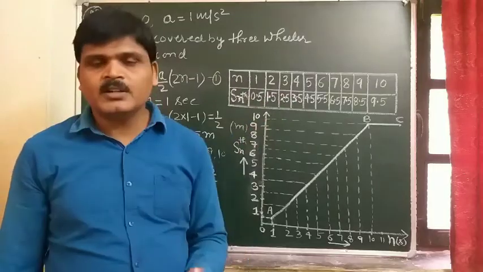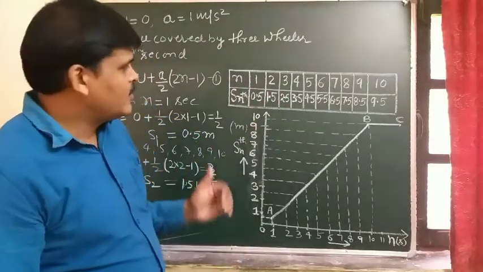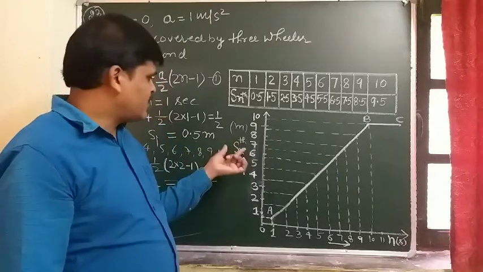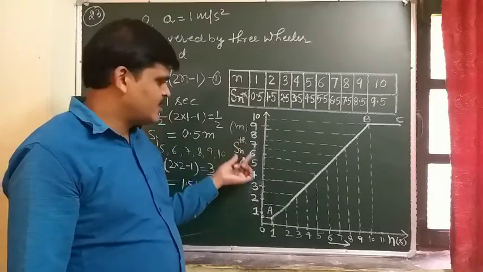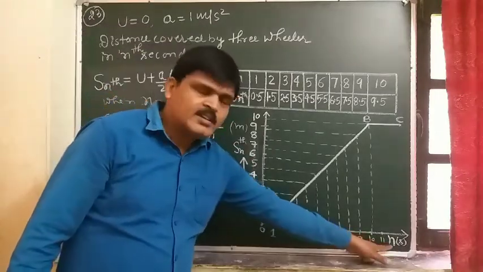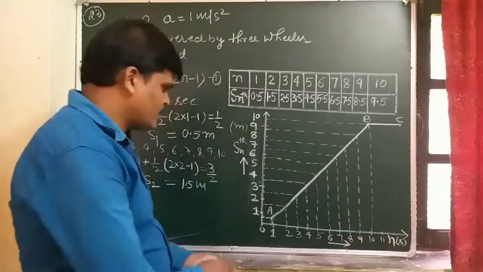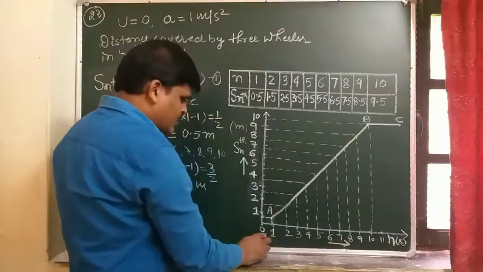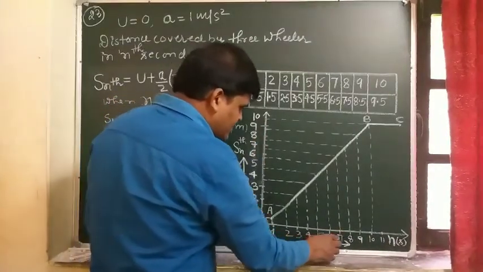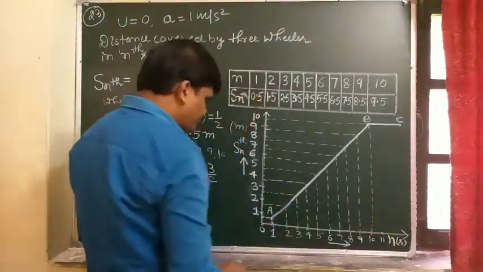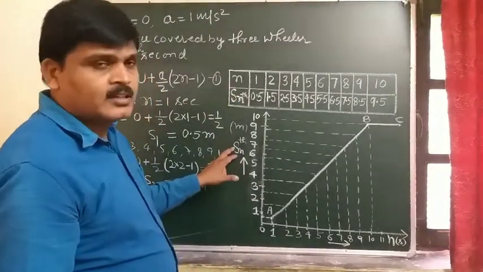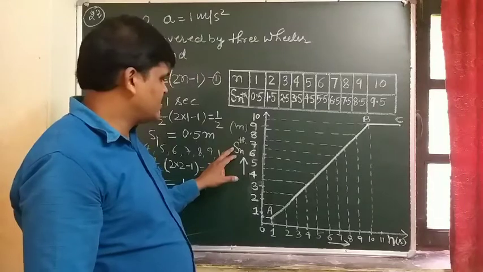And now students, I am going to plot the graph between the distance covered by the three-wheeler in the nth second versus n. On the x-axis we take n seconds, that is 1, 2, 3, 4, 5, 6, 7, 8, 9, 10, 11. And on the y-axis we have taken the distance traveled by the three-wheeler in the nth second.